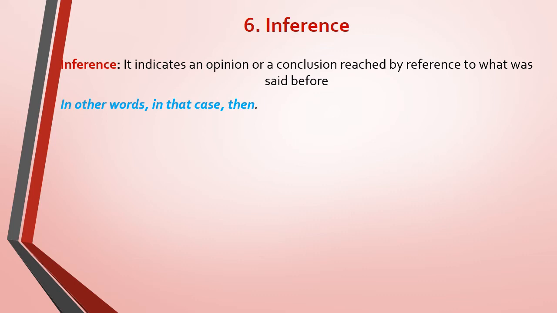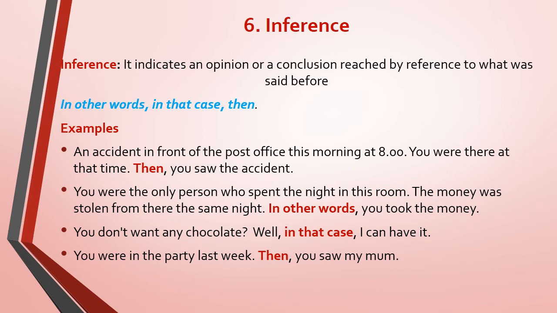We have a few conjuncts here: in other words, in that case, and then. Notice that in other words can be used with explanation, and it can be used also with inference. Here it is the context which determines its meaning. Here are some examples.